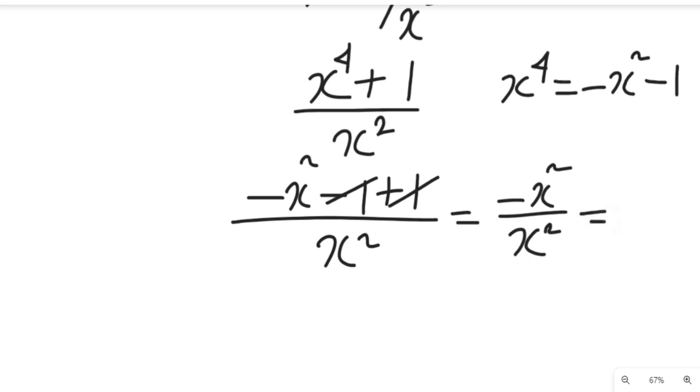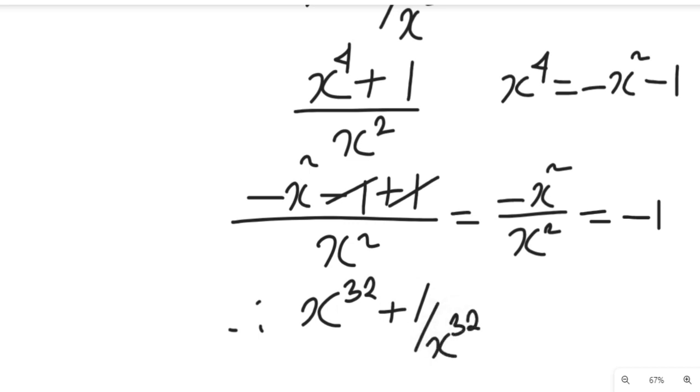And this whole value will make our answer to be negative 1 divided by 1, which is equal to minus 1. So that simply tells us, therefore, that x to the power of 32 plus 1 divided by x to the power of 32 is simply equal to minus 1.